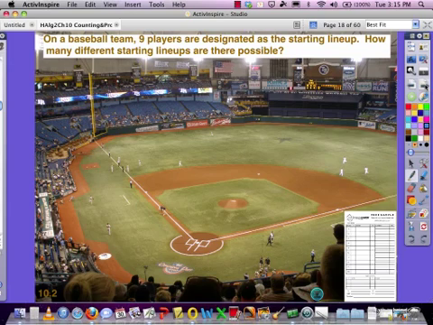So if you took 9 players at random, and they're designated as the starting lineup, how many different lineups, like on the lineup card? So down here you can see we have an example of a lineup card. So how many ways can we actually put those 9 players on the lineup card? Who's going to bat first, second, third, fourth, fifth, etc.?